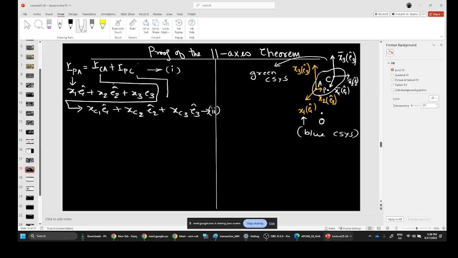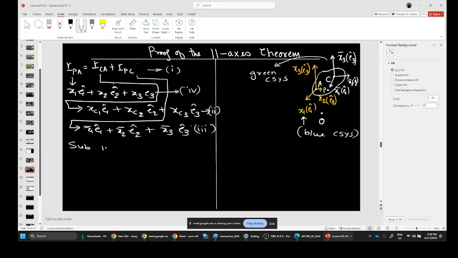And then finally R_PC, how can I write it? I can write it as x1 bar E1 plus x2 bar E2 plus x3 bar E3. Okay, let's call it 3. And this was, let's call it 4. If you substitute 2, 3 and 4 in 1, I can extract 3 scalar equations out of that, and those 3 scalar equations would be this.